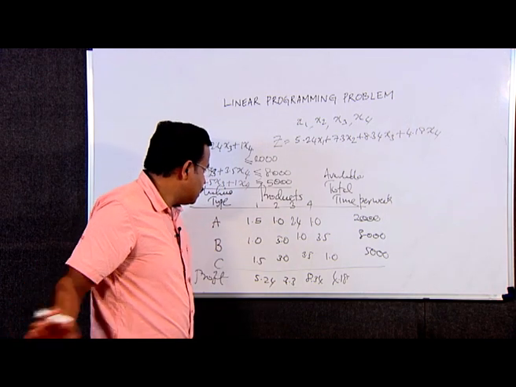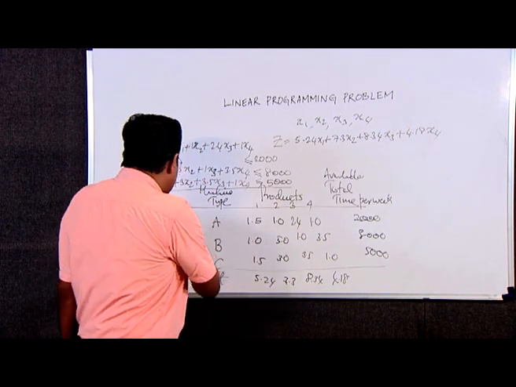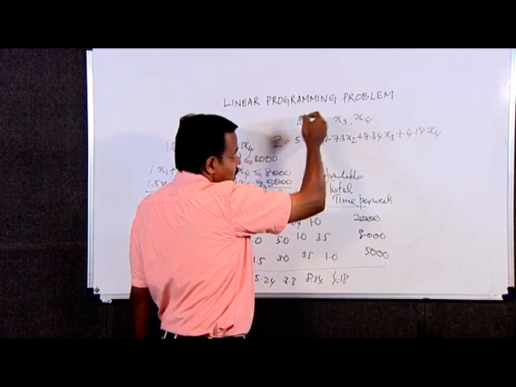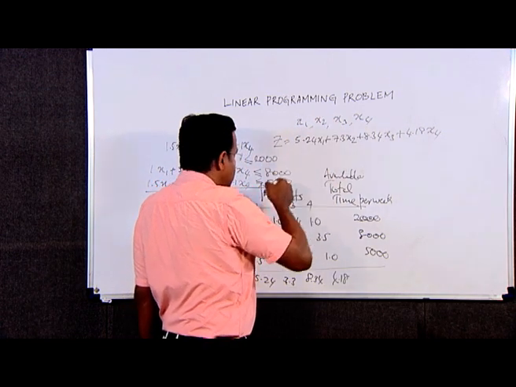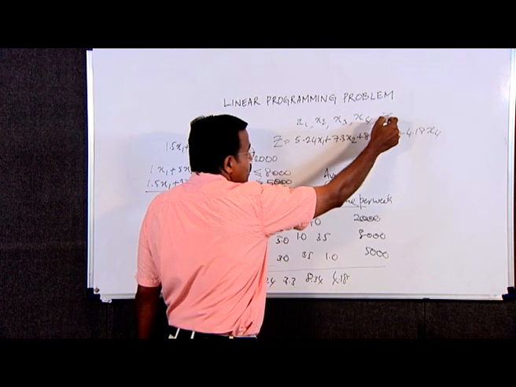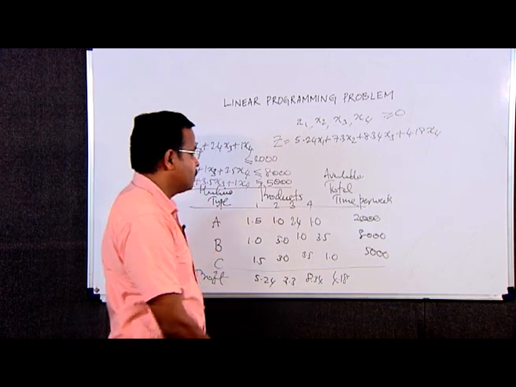And again, the units produced x1, x2, x3 and x4 cannot be negative. They are the number of units of products produced, so they all should be greater than or equal to 0.